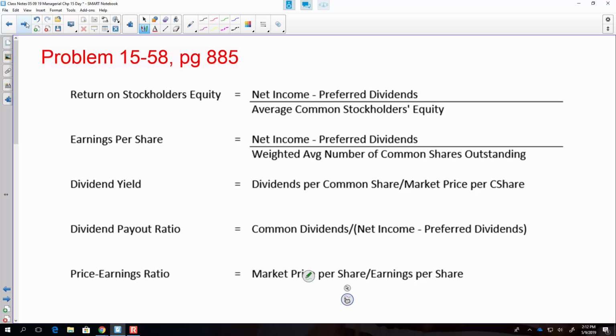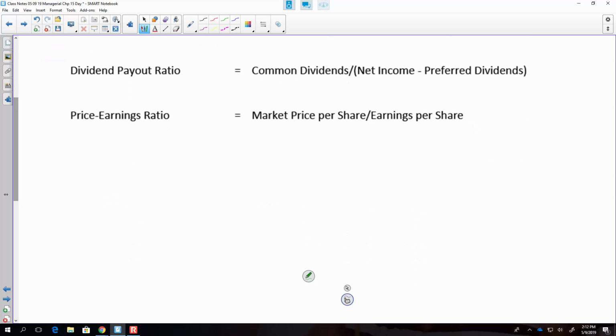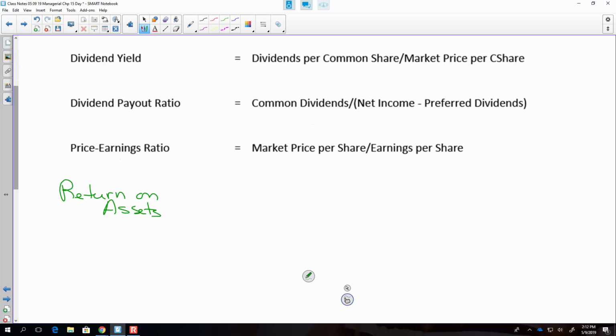Question number 1. And maybe I should put it on the bottom here. It says return on assets. So I'm going to add that one. So this is problem 58. Question 1 is what is the return on assets?